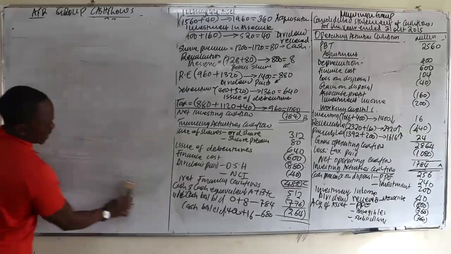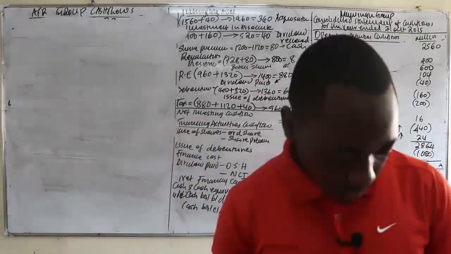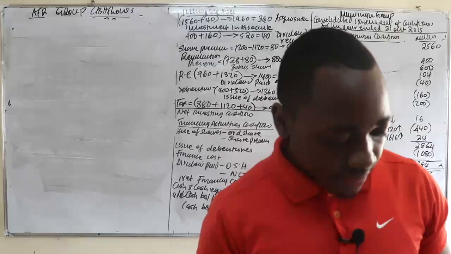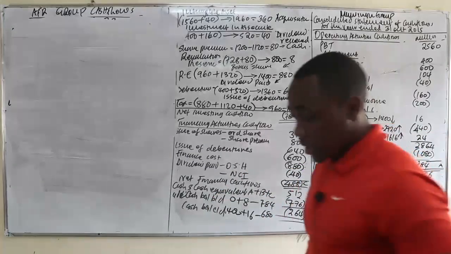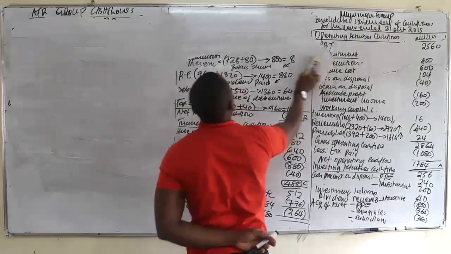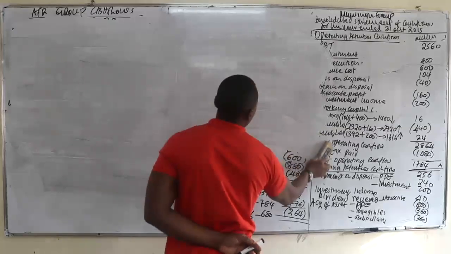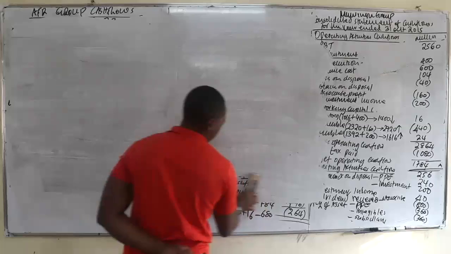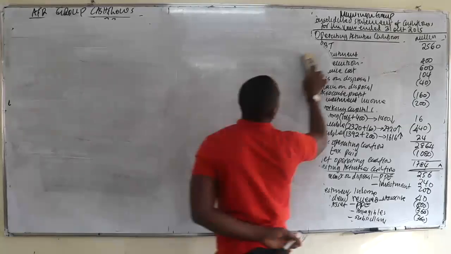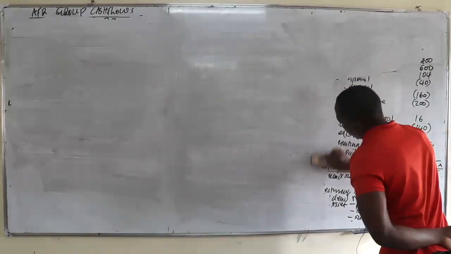Good. What about December 2017? We did that one. Good. So what about May 2014? We did that one. That means we have done all the questions.